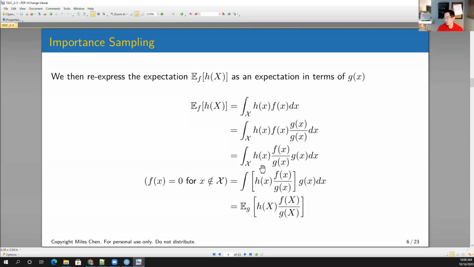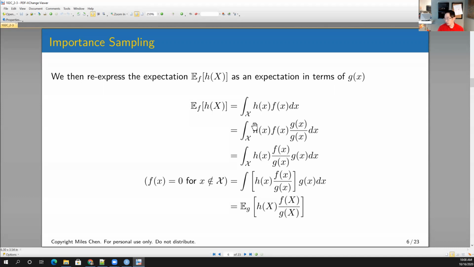Here it's in the same form: a complicated function multiplied by a density. So this can be expressed as an expectation: the expectation of this function, h of x times f of x over g of x, where x is a random variable generated by g.